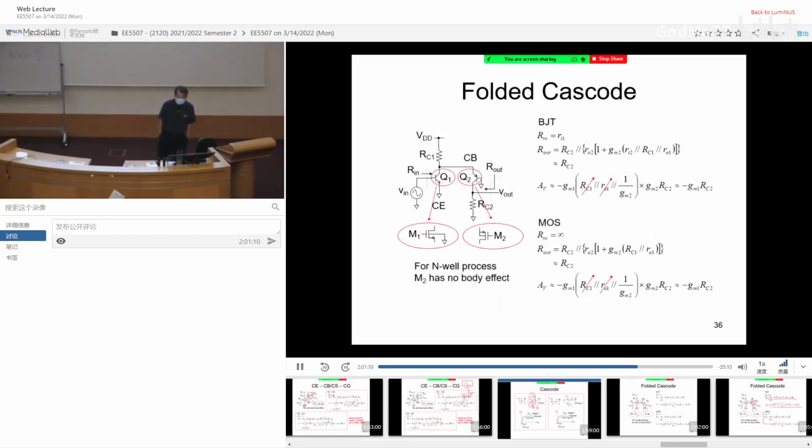So this is a variation of the cascode. We already know the beauty of cascode, but nothing is perfect. I know from my years of experience with IC design, no solution is ideal, no solution is perfect.